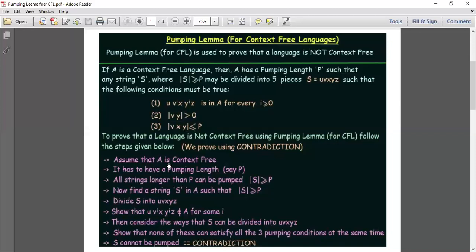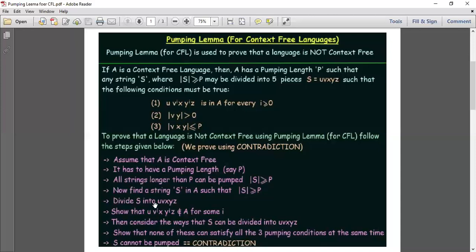In the basic concept of the pumping lemma, we assume that the language is context-free, and then we prove that the language is not context-free. The second part, we assume a pumping length. Third, we assume a string. Fourth, the string length is always greater than or equal to the pumping length. That is the basic definition.